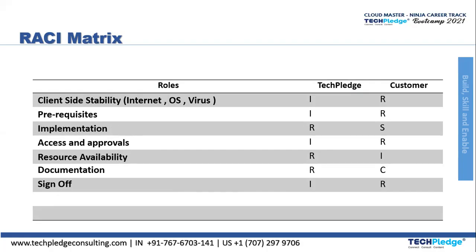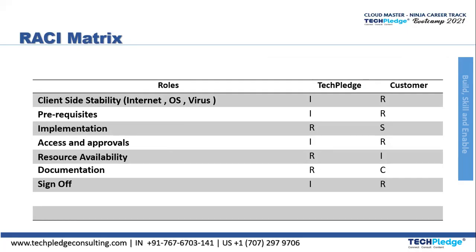The next role is prerequisite. So Techpledge is informed and the responsibility is of the customer. For prerequisite, obviously the customer is responsible, he will give us the prerequisites. So for implementation, responsibility is of Techpledge, it will be planning it out, but support will be from the customer. Access and approvals: Techpledge will be informed, but responsibility will be of the customer because they are going to access and approve it.